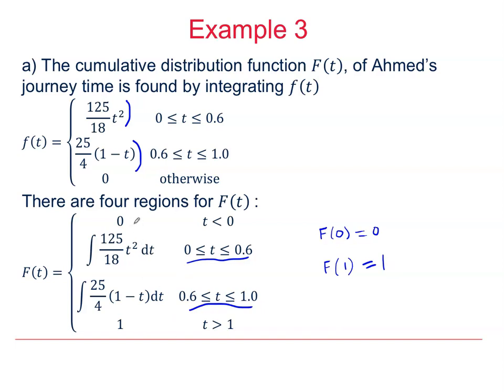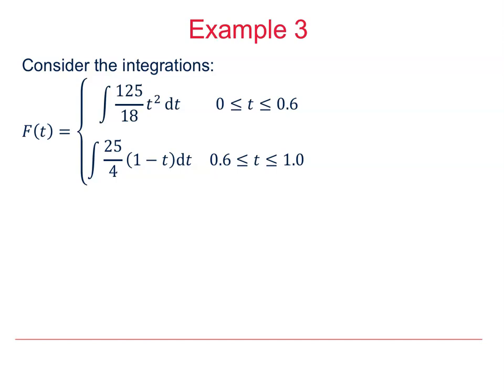Note also we do require 4 regions. To specify the CDF fully, we must indicate what's happening where t is less than 0, where the CDF itself is 0, and for t greater than 1, the CDF is 1. Please pause the video and complete the integrations.